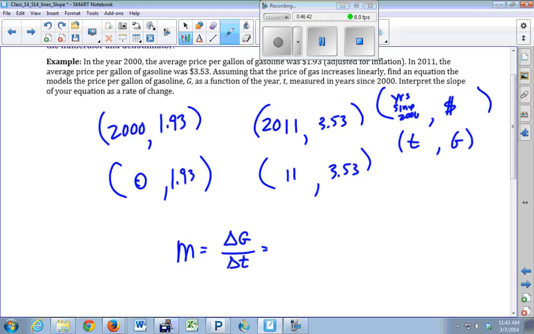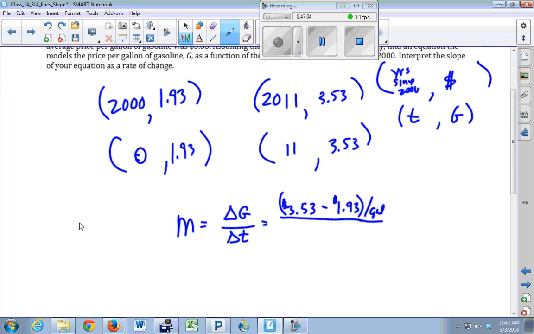So you would say $3.53 take away $1.93 per gallon. All right, and there we go. That's per gallon, the price per gallon. So if you wanted to, you could put that in parentheses and even over here say per gallon. As long as you write it in the end, it doesn't matter.